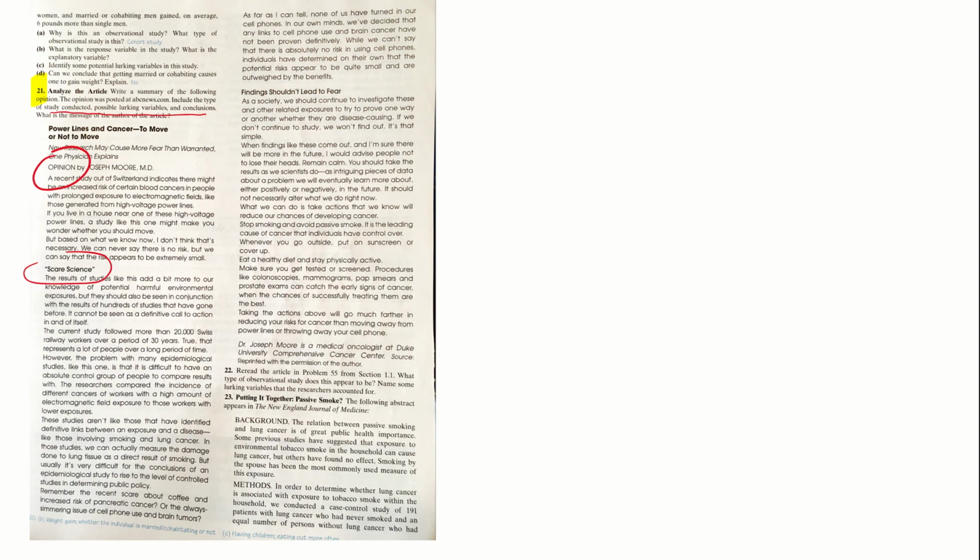Okay. Now, this study here, they basically said, hey, we're going to take, let's see, current study, 20,000 Swiss railway workers, so we're only dealing with railway workers, and we basically looked to see, does living by power lines and, what was it, cancer? Yeah, they compared cancer with electromagnetic field exposure.